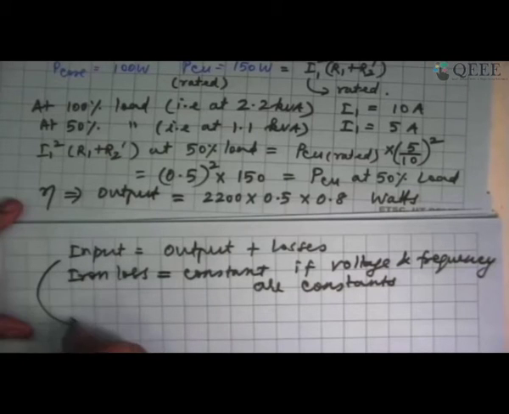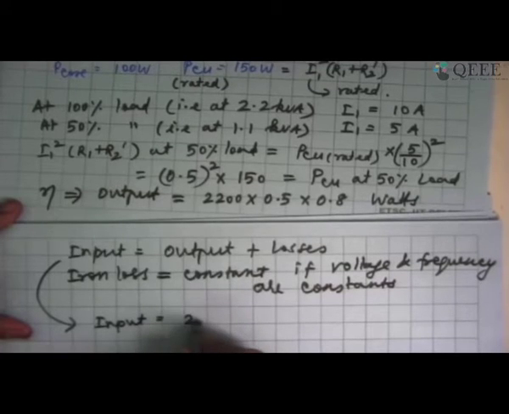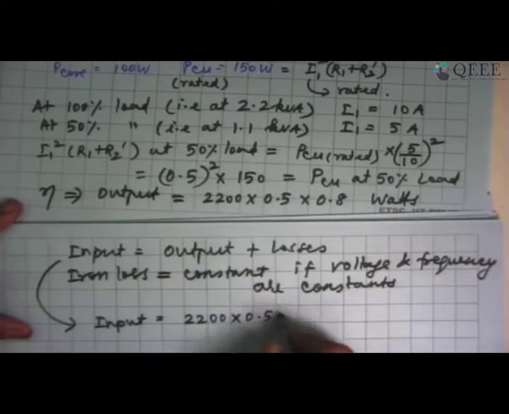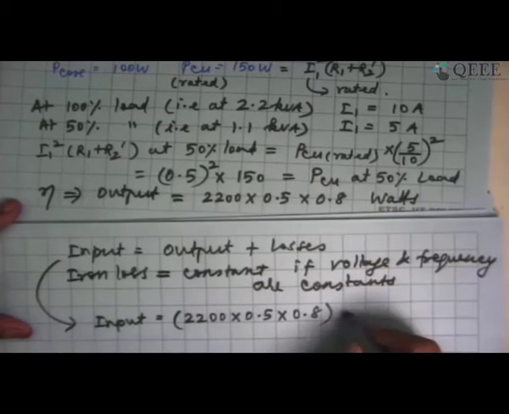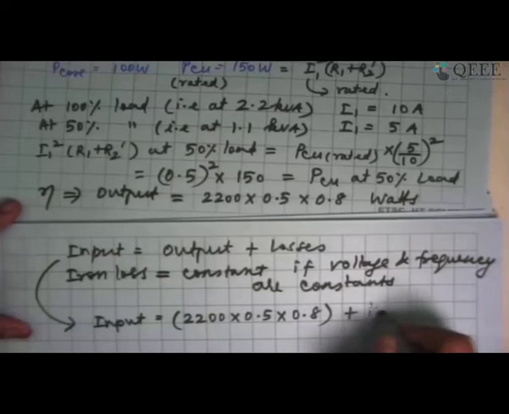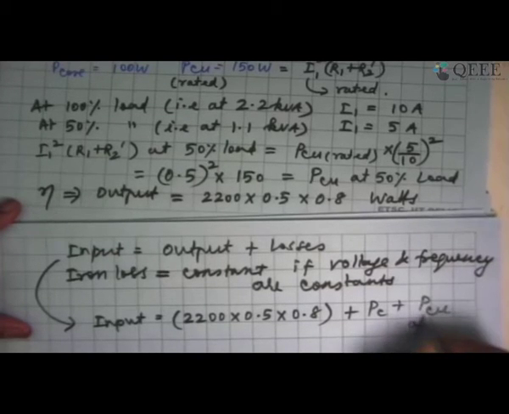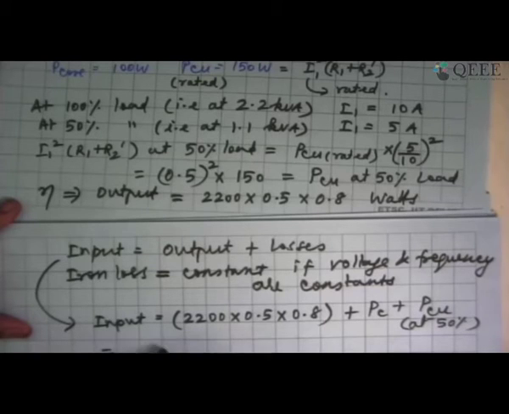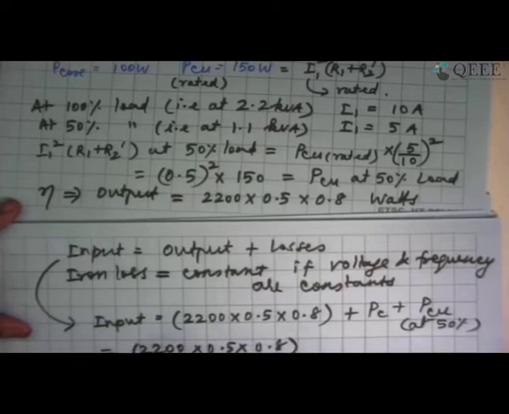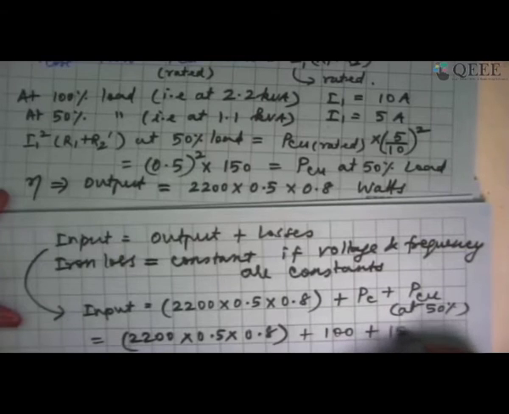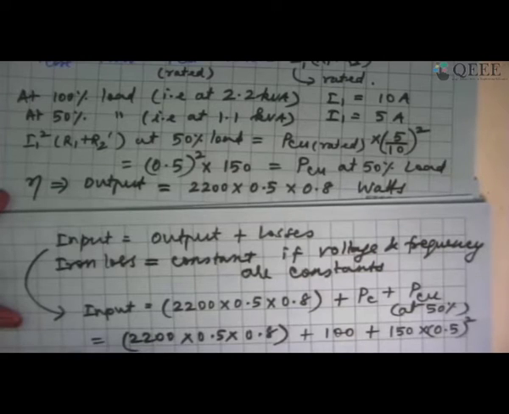So let me calculate input, which is equal to output, that is 2200 multiplied by 0.5 multiplied by 0.8, plus losses. So that is PC plus PCU at 50%. So I can write this as 2200 multiplied by 0.5 multiplied by 0.8 plus constant loss, which is actually 100 watts, plus copper loss, which is 150 multiplied by 0.5 square, 0.25 actually, right?